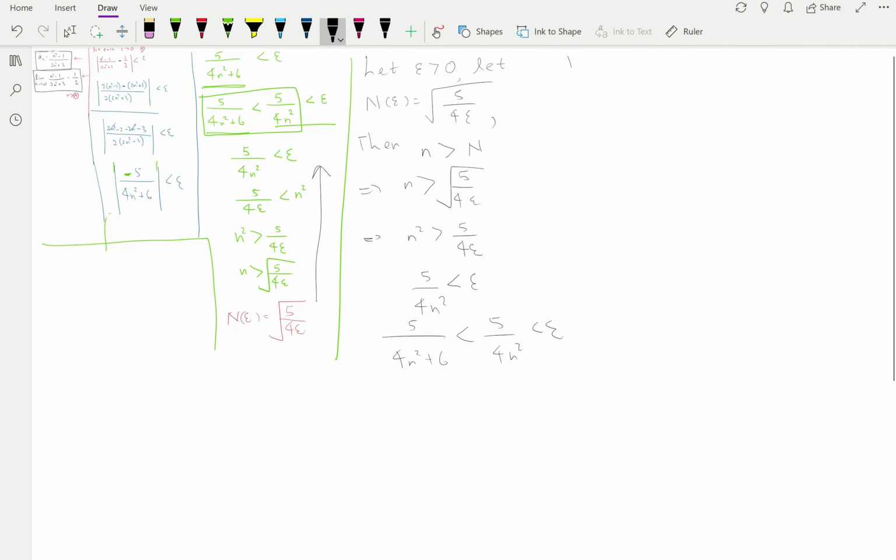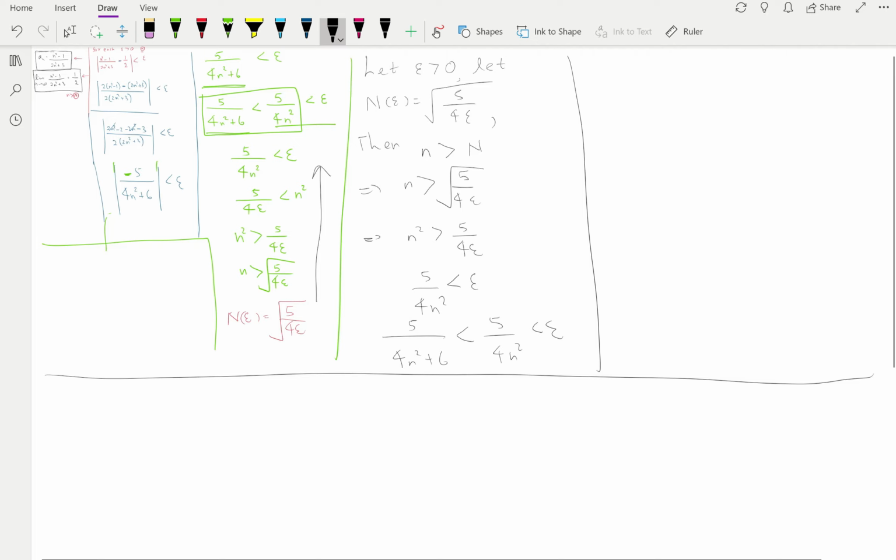Let's find some space to continue the proof. Now this implies the absolute value of 5 over 4n square plus 6 is less than epsilon. We are working backwards. Now this implies what we started with: the absolute value of n square minus 1 over 2n square plus 3, minus half, is less than epsilon.